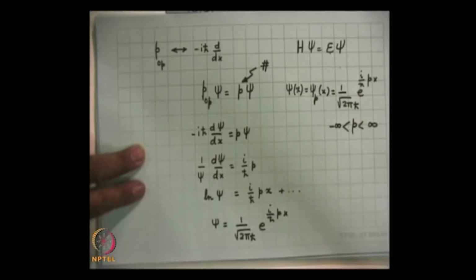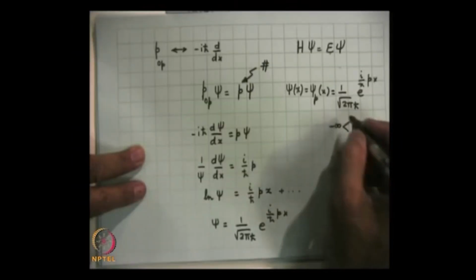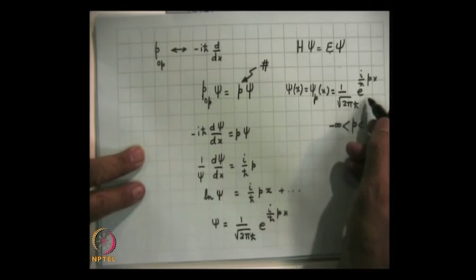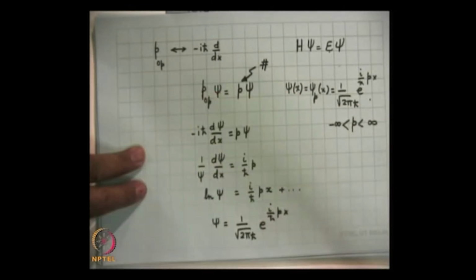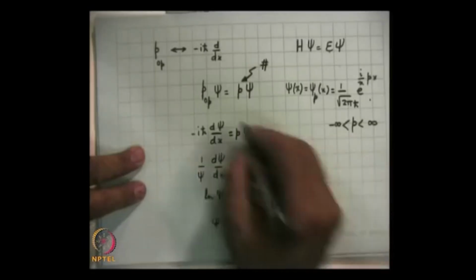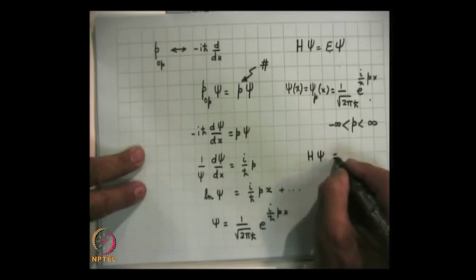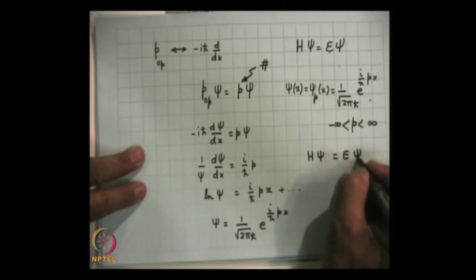These are known as the normalized momentum eigenfunctions, the normalized eigenfunctions of the momentum operator. Actually, these are simultaneous eigenfunctions not only of the momentum operator, but also of H psi is equal to E psi for the free particle.